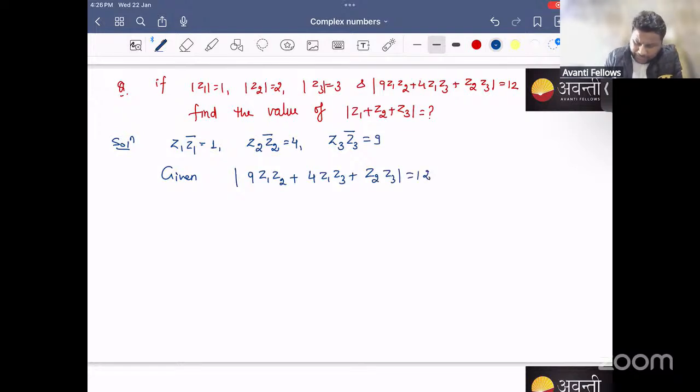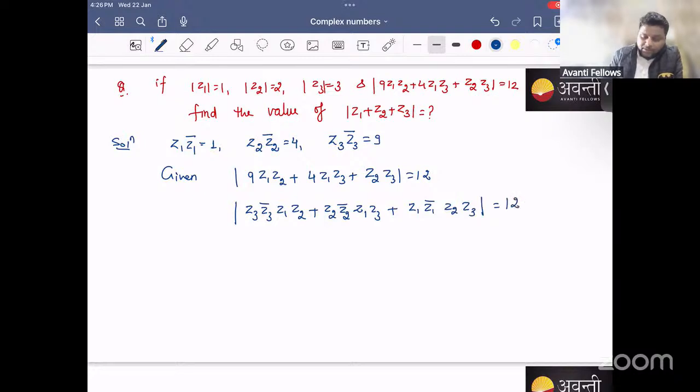Let's do one thing. Let us replace this 9 by Z3 conjugate, replace this 4 by Z2 conjugate, and replace this 1 by Z1 conjugate: Z1Z2Z3 mod is equal to 12.